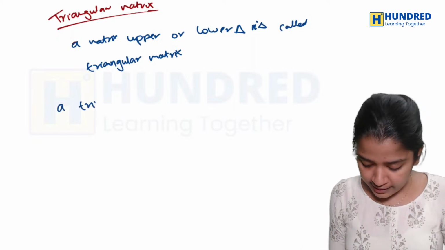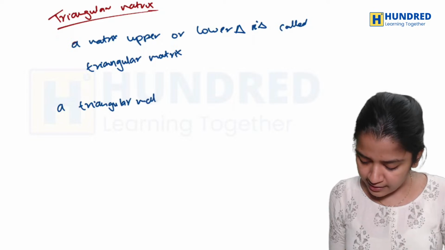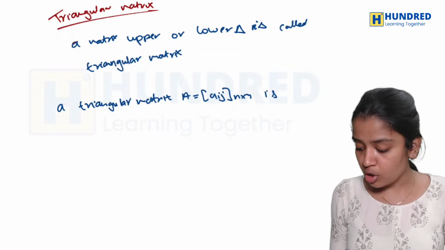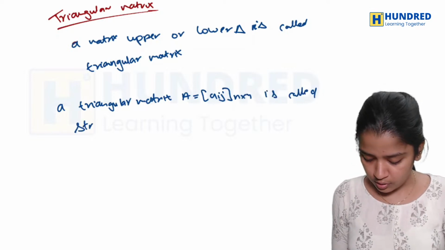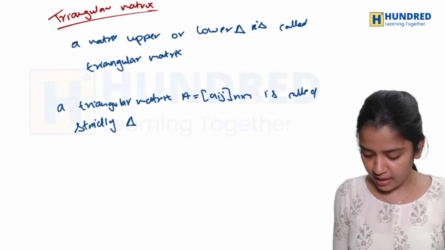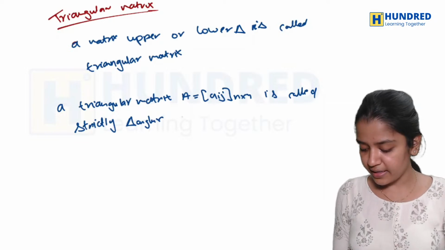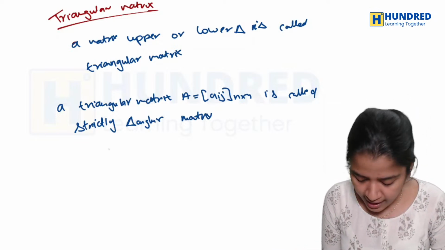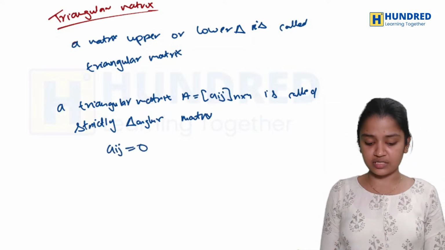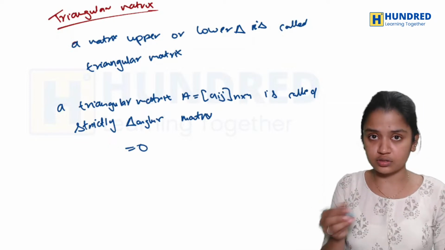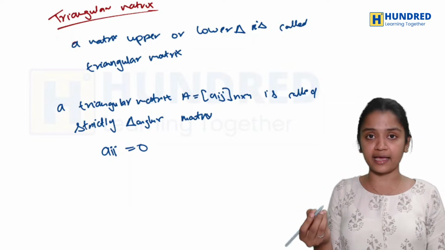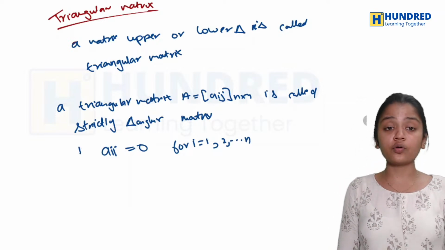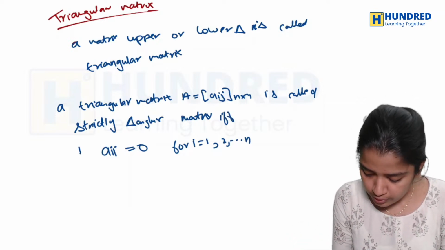A triangular matrix A = [Aij] n cross n is called strictly triangular if Aij is equal to 0 for both the diagonal and the triangle part, for i equal to 1, 2, 3 up to n. So if and only if both are 0.